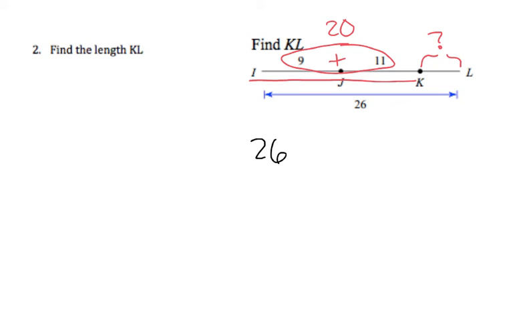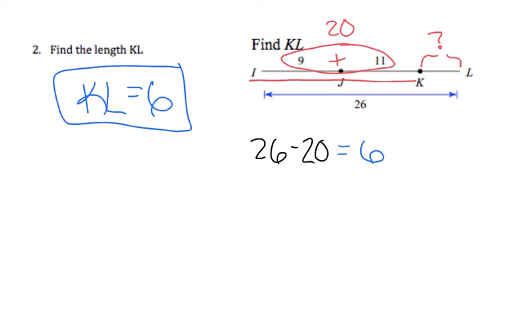Hopefully you're saying subtract. So we would just subtract what we know, I to K, which is 20, from the whole thing, which is 26. And what we're left with is 6. So the length of KL is going to be 6.